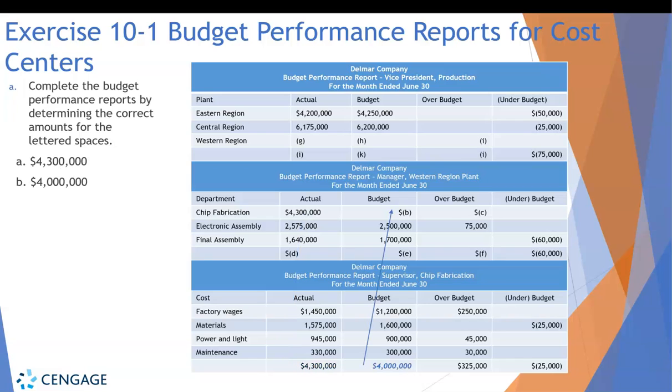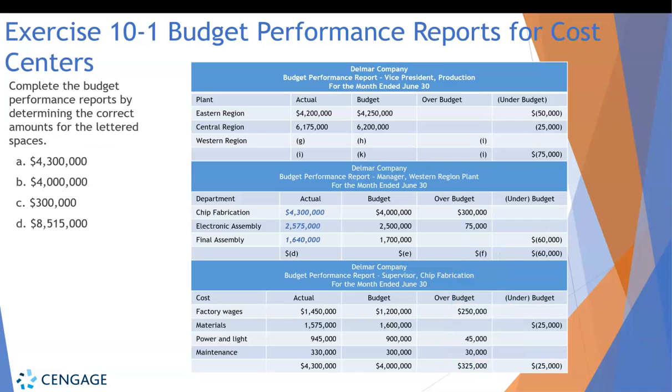For B, this budgeted figure is $4 million. And you can see how we're coming up with that. For C, we are over budget $300,000.